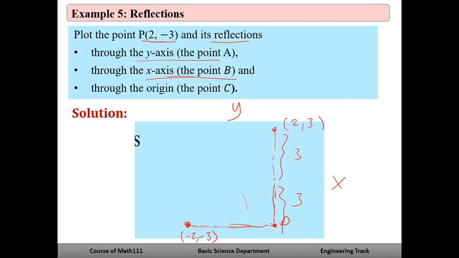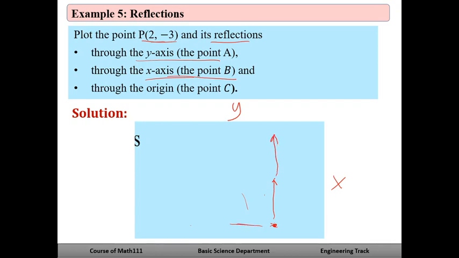And through the origin, okay, how to get the origin? You can do this way. How many units did you go here? 3 units. You go 3 units up.